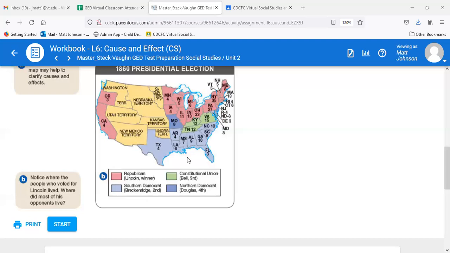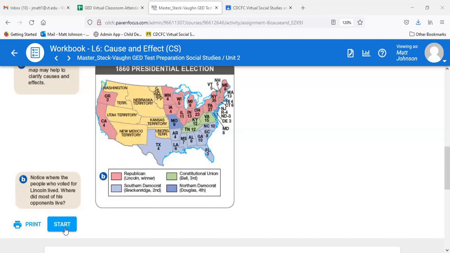And then there was a few that voted for the Northern Democrat Douglas. I think that was one state, Missouri, basically, I think it was Stephen A. Douglas. They voted for him. But you can already see before the Southern states seceded where that split's going to be, right? Based on who voted and who won that 1860 presidential election. You can see it starting there.